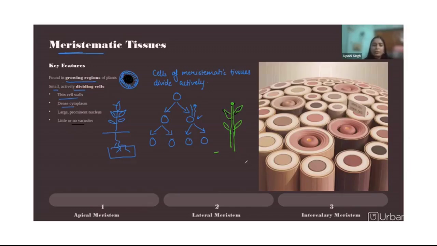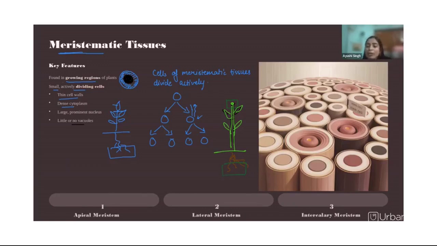Okay, so this is the root. Apical means the apex, on the top or the tip. So on the tip of the root you will see these meristems present. So here on the tip and here on the tip of the root, apical meristem is there.